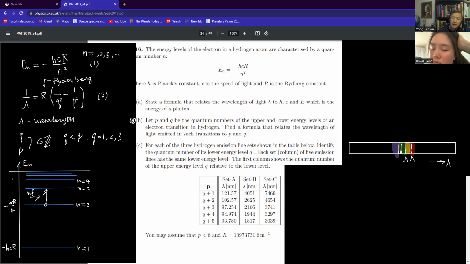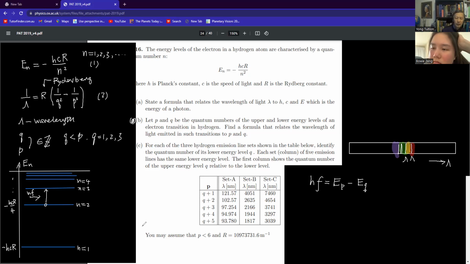So this process, according to energy conservation, the energy the electron absorbed is equal to the energy change, which is final minus initial. Let P and Q represent upper and lower, so Q is lower.